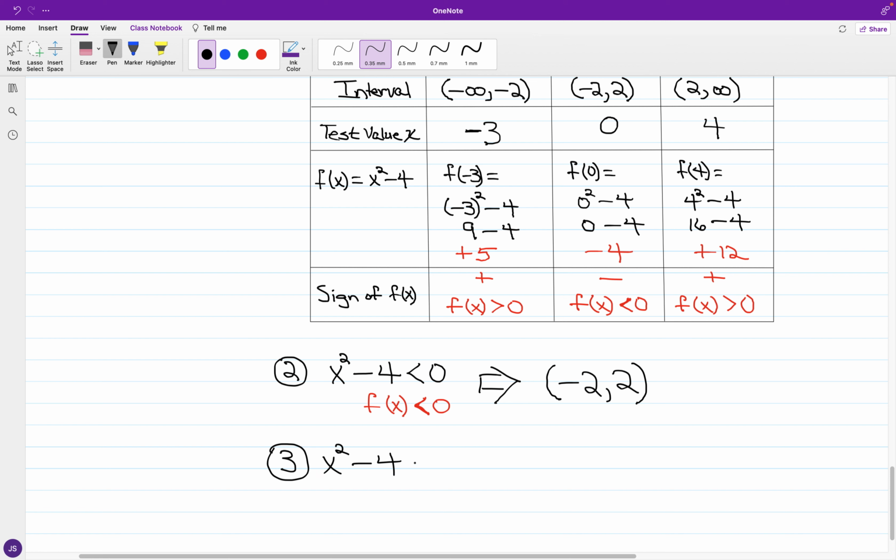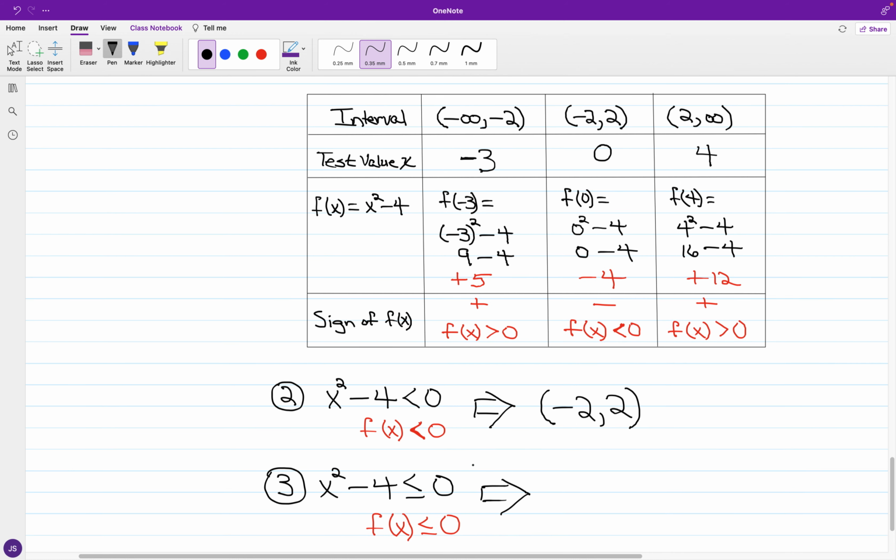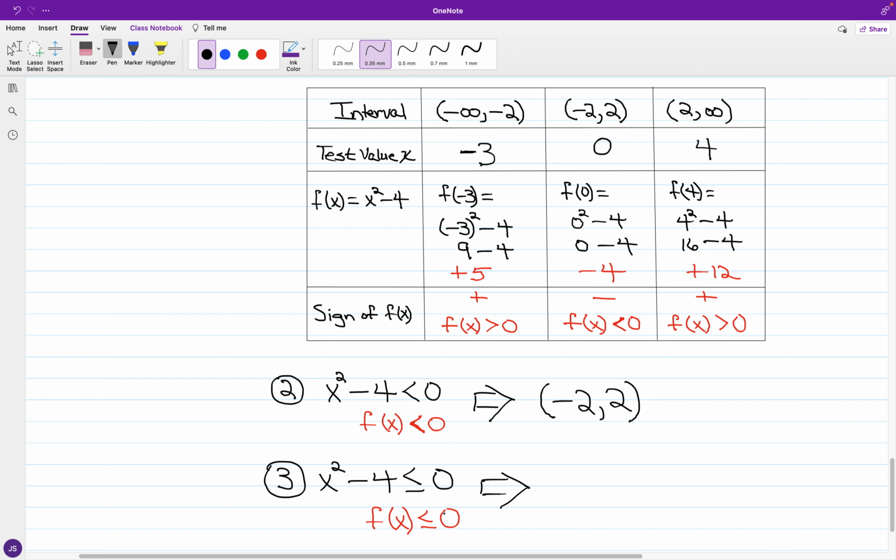Now for x squared minus 4 is less than or equal to 0, this would be like saying that f of x is less than or equal to 0. Now we have a different inequality, but going in the same direction. Less than or equal to 0 is in the same direction as f of x is less than 0. So we are still involving the limit values with negative and positive 2.